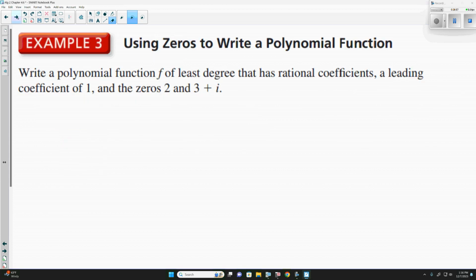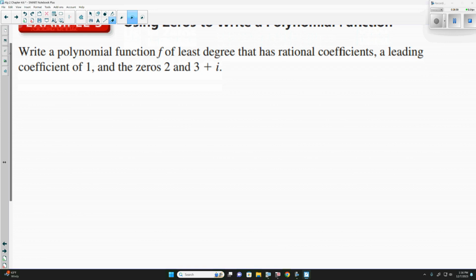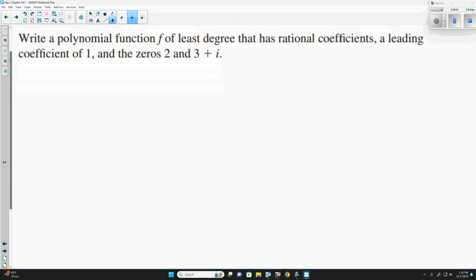So, let's look at this next problem here. This is similar to the ones we finished last lesson with. Polynomial of least degree and a leading coefficient of 1. And we're told that the zeros are 2 and 3 plus i.